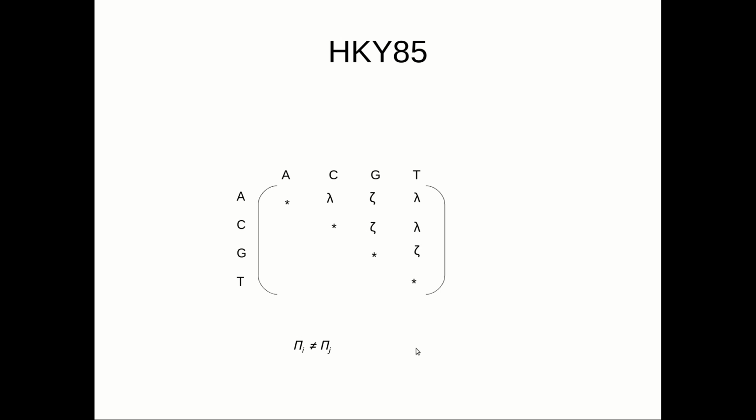Then we have the HKY 85 model, so you see how this works: we're continuously relaxing the restrictions in our model. Here we also have 2 parameters, lambda and zeta, but now we also allow the stationary frequencies to be different.